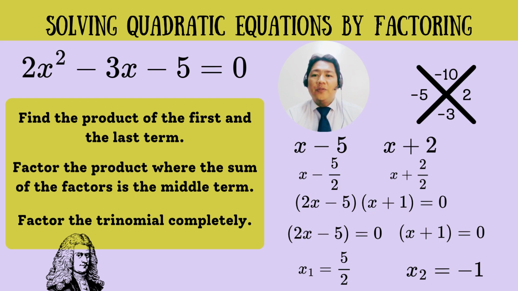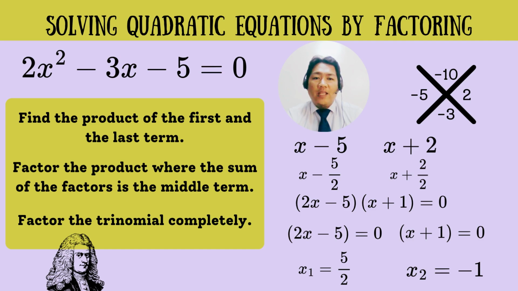Okay, let's factor 2x squared minus 3x minus 5 is equal to 0. Here are the steps to do it. Find the product of the first and the last term. Factor the product wherein the sum of the factors is the middle term, and then factor the trinomial completely. We are going to use the bottoms up method in factoring. We put at the top the product of 2 and negative 5, and below it the numerical coefficient of the middle term, which is negative 3.